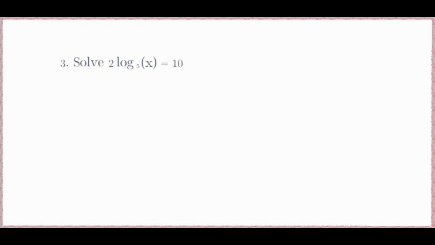To solve this log, we want to first rewrite it. So we're going to take that outside 2 that is being multiplied and bring it in as a power. So we have log base 5 of x to the second power equals 10.